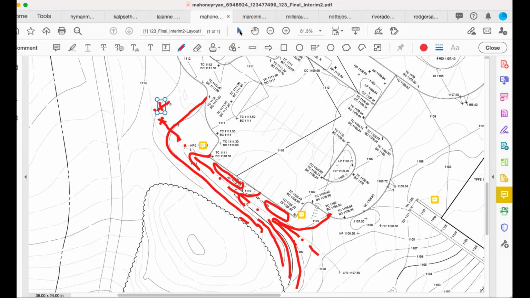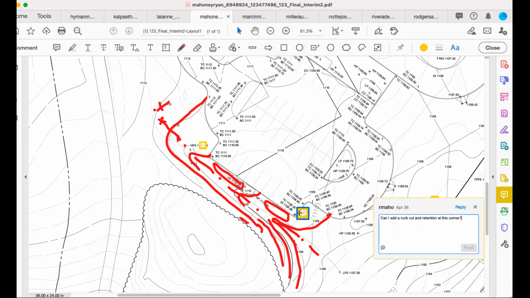Now let's take a look at this one. Can I add a curb cut and retention at this corner? Definitely, and you should, because this is that corner.